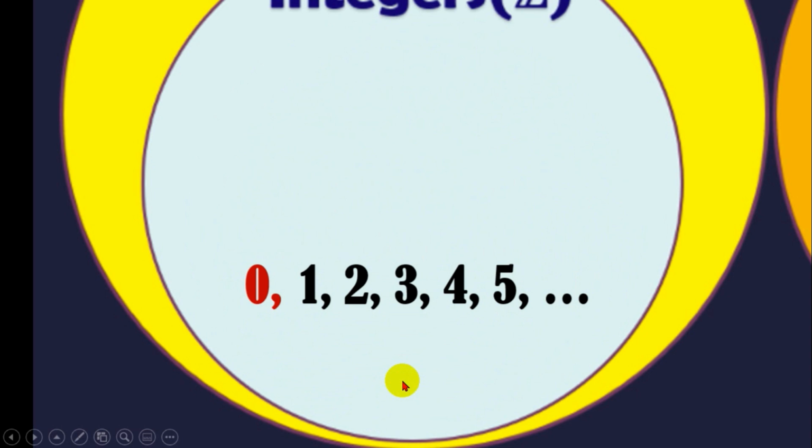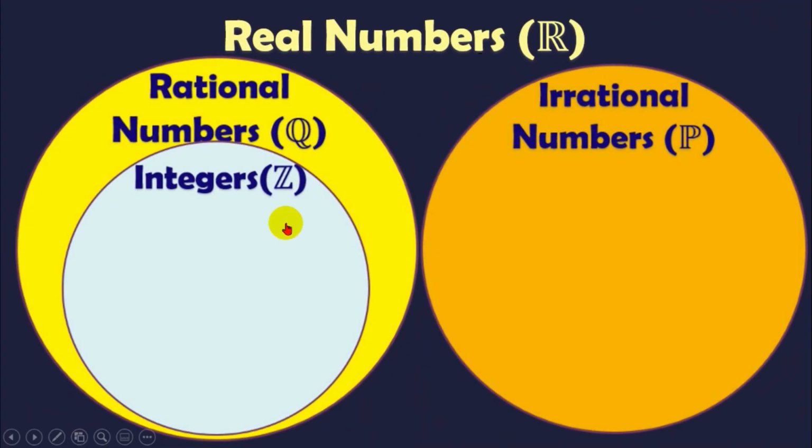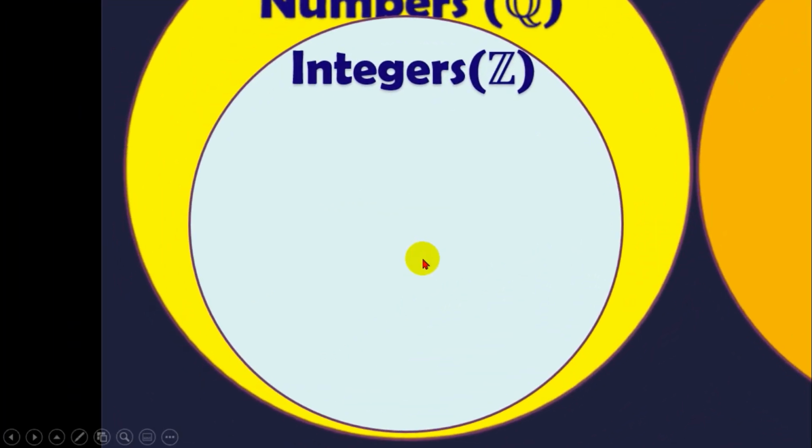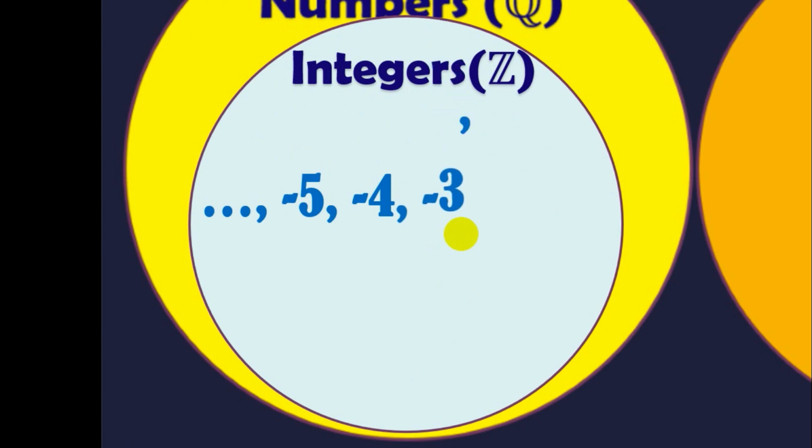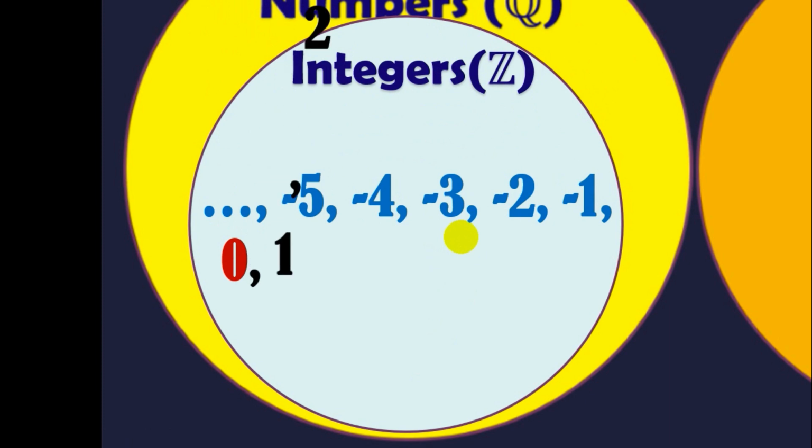Okay? Now, these numbers you see here under whole numbers, 0, 1, 2, 3, 4, 5, can also be classified as, okay, the next type of real number that we have, the integer. Okay, what is an integer? Integers are numbers that may be positive, negative, and zero. So, your negative and positive integers may be like this, pwedeng negative 5, negative 4, negative 3, negative 2, negative 1, 0, going to the right of 0 are the positive numbers.